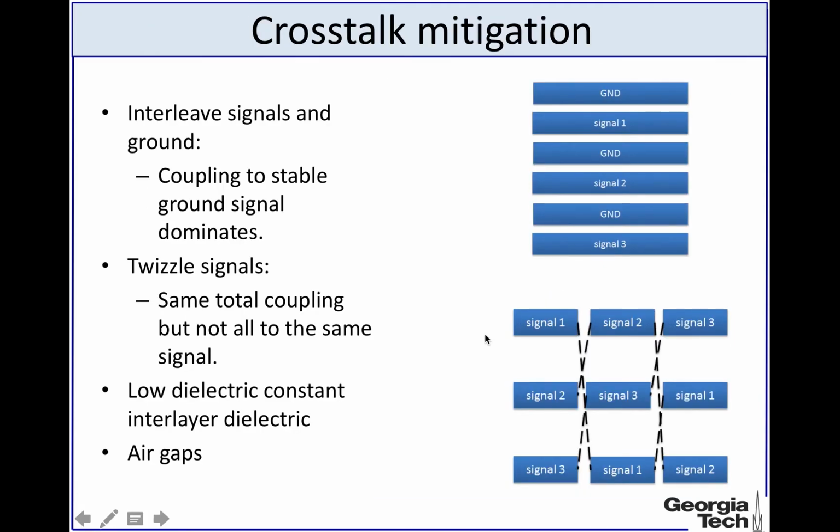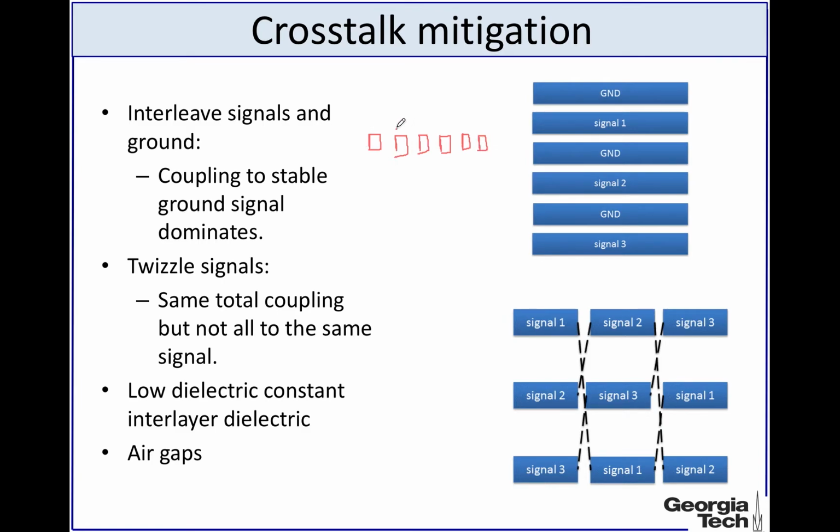So there are different techniques that are applied to mitigate this crosstalk due to the capacitive coupling. One way of mitigating is to interleave the metal lines that carry signals by ground planes. So for example, say you have 6 metal layers. This is the cross section.